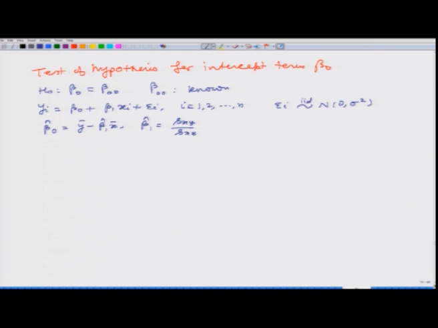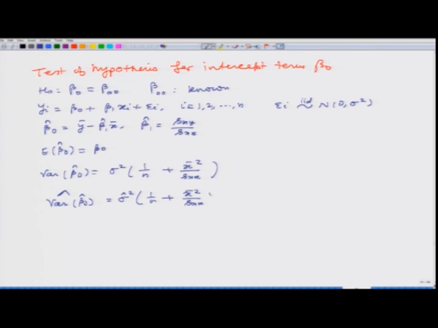We had also demonstrated that the expected value of beta 0 hat is beta 0, so it is an unbiased estimator, and the variance of beta 0 hat was obtained as sigma square times 1 over n plus x bar square over Sxx. Further, we obtained the estimate of its variance by replacing sigma square with sigma square hat, where sigma square hat is equal to the sum of squares due to residual divided by n minus 2, right.